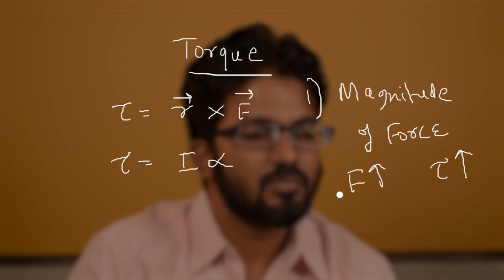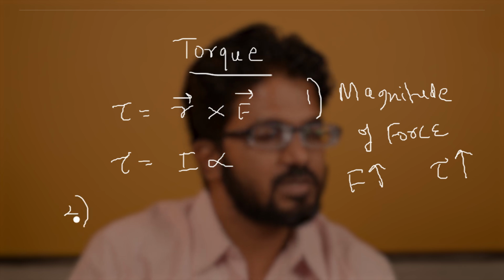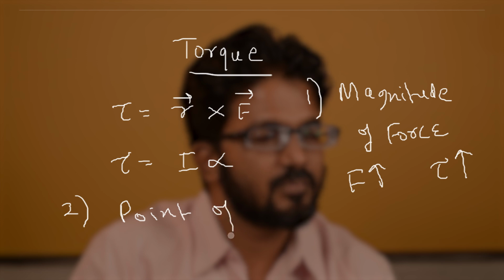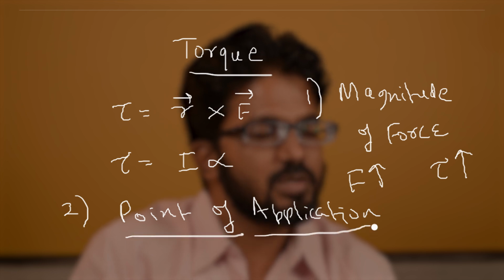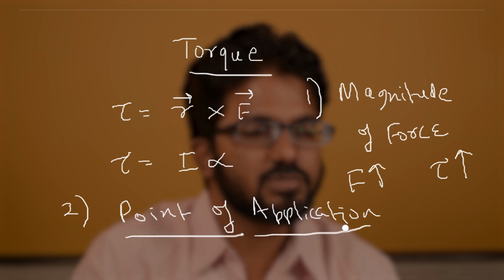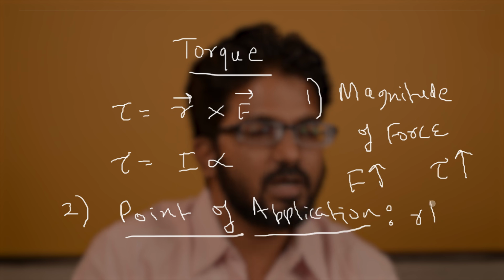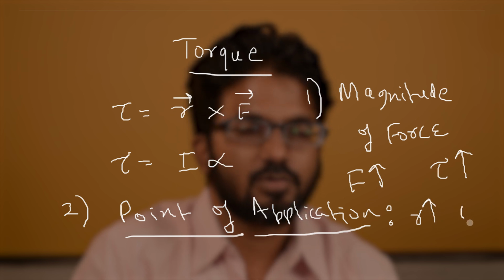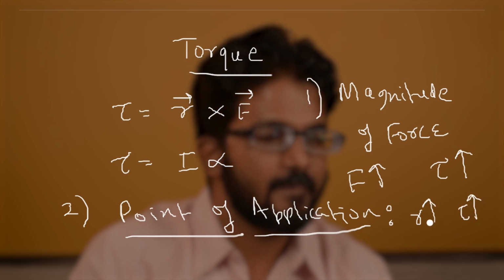No. Then we can invoke the second condition, that is the point of application. Torque is not only dependent on the force, it is also dependent on the radius, or the distance from the point where you are applying the force. So as the radius increases, the torque also increases.